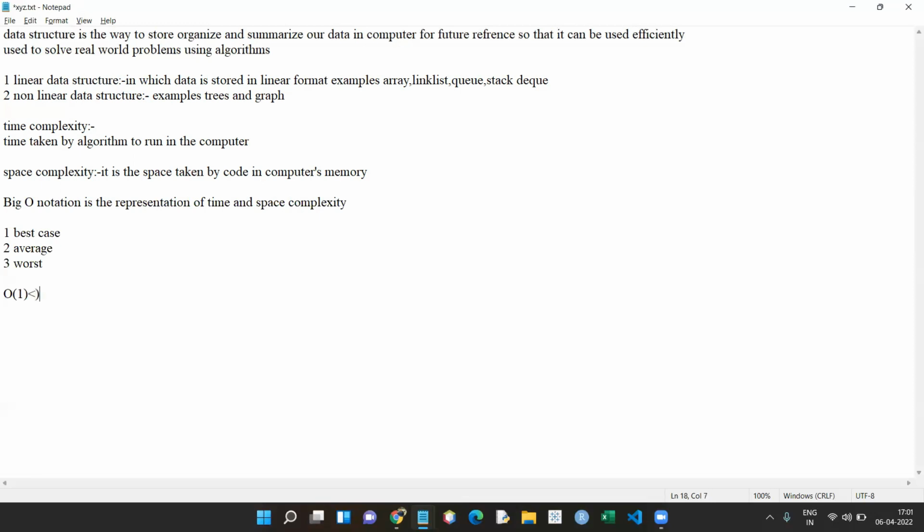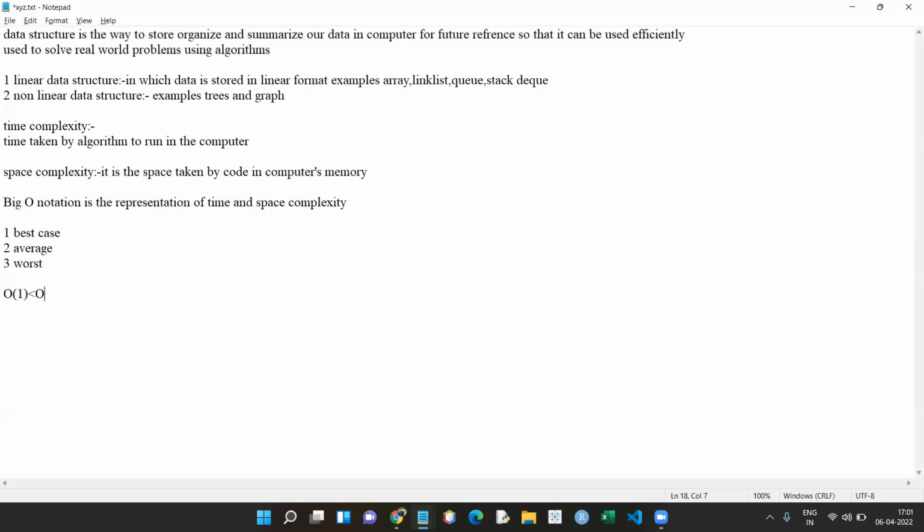Big O of 1 is the very minimum time taken by the code to run, or to take the space. Space is variable, the code can be of any size, but apart from space complexity, time complexity is very important, because ultimately how long it takes to run on your computer matters.